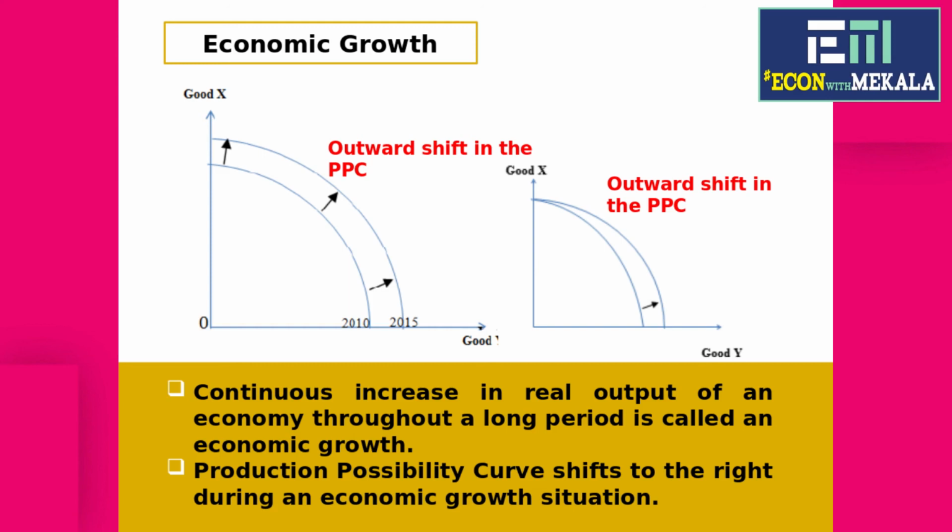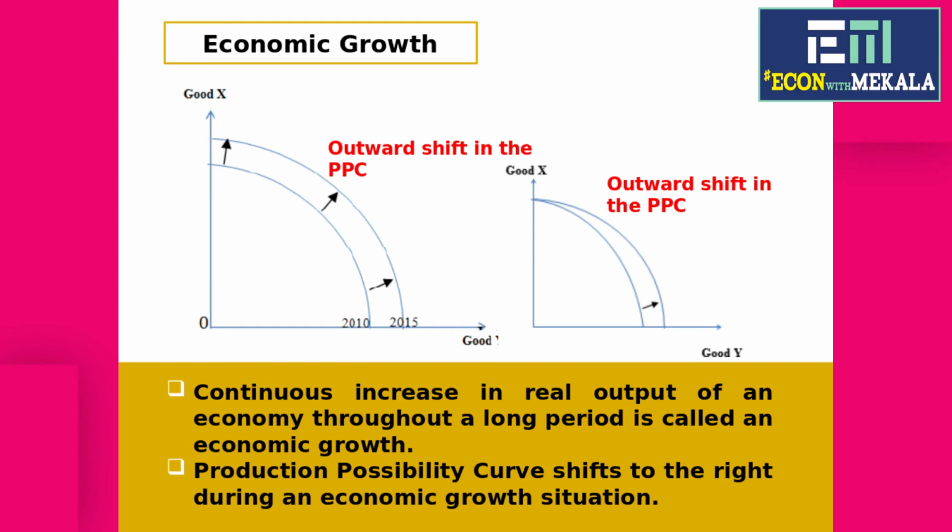If you look at the second graph, this is also representing economic growth, but if you look at this graph, only some sectors in the economy have increased their real output. As a result, the entire PPF has not shifted, only the goods Y side has expanded.